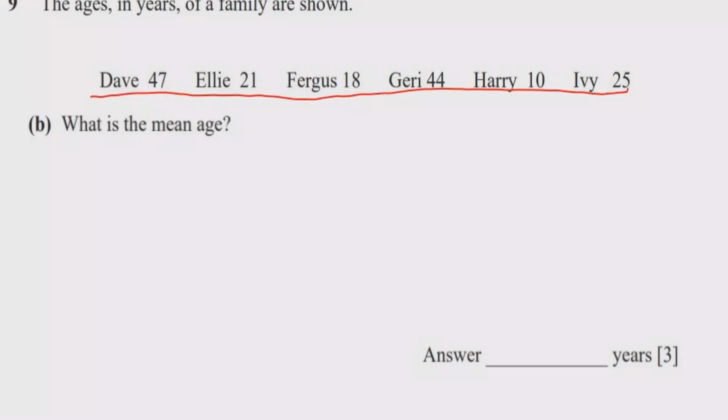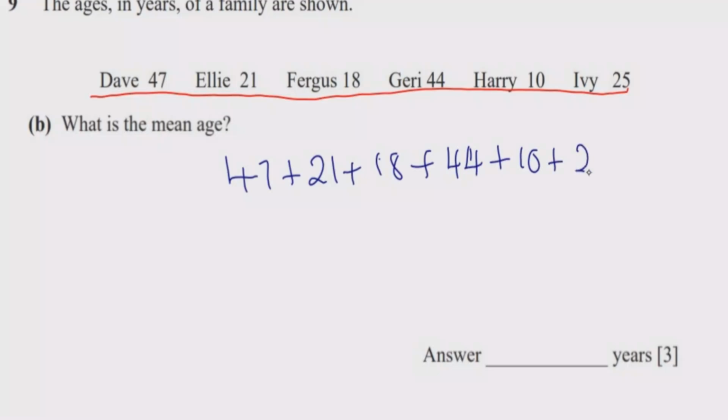First of all, we are going to add these. So we say 47 plus 21, never mind about their order, plus 18 plus 44 plus 10 plus 25, and the whole of that divided by 6, which should give us the mean.